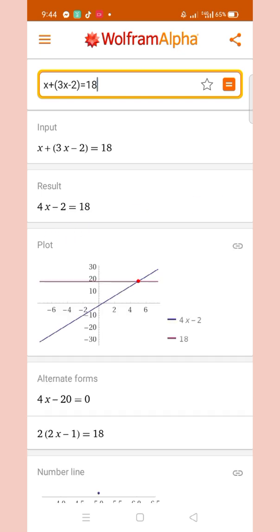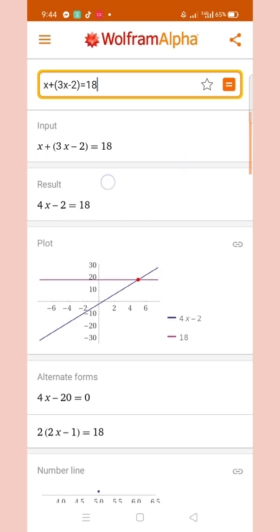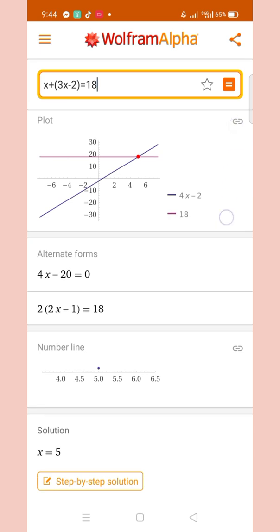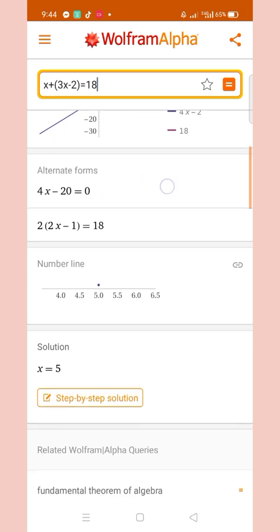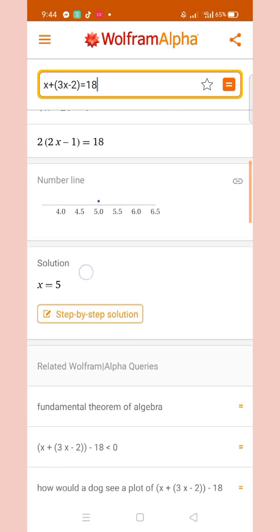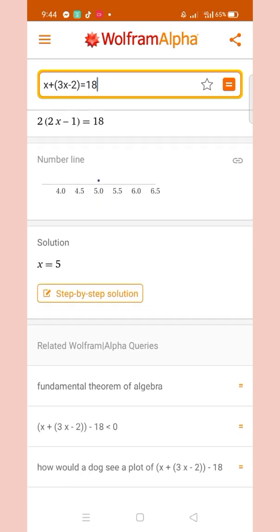Here are the results. So the input, we put x plus (3x minus 2) equals 18, and the result and the plot, there is a graph and alternate forms, number line, and the solution. So let's see the step-by-step solution.